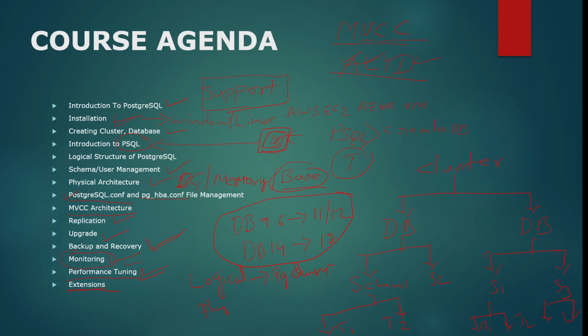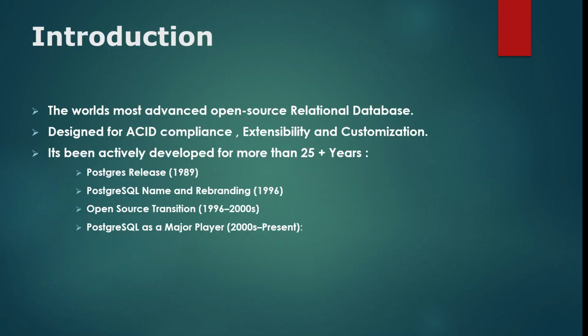So next, as I said, we'll see the introduction. This is the world's most advanced open source relational database software, where you need not pay any money to use this database. It's free of cost to use the software. Postgres is not only popular because it's open source.